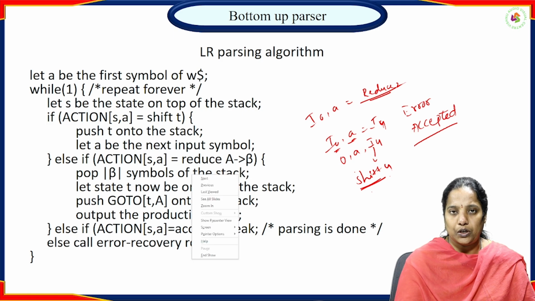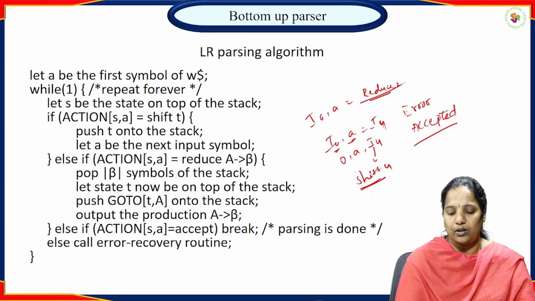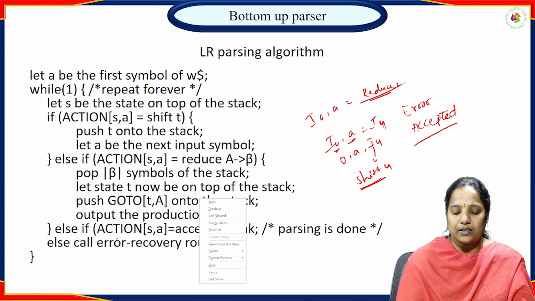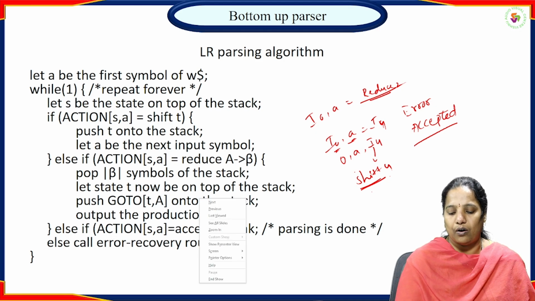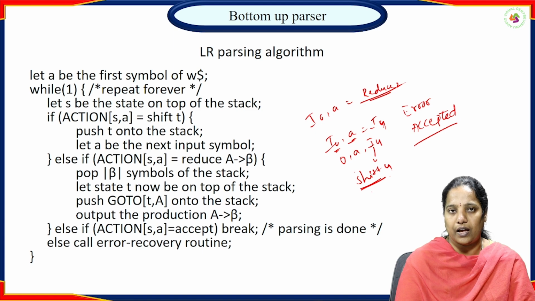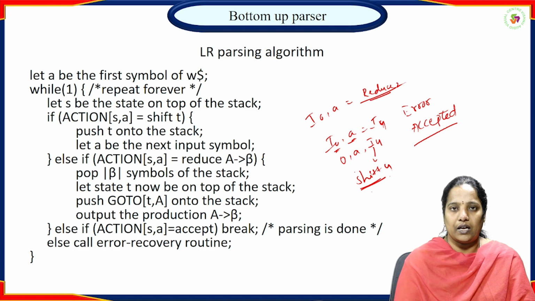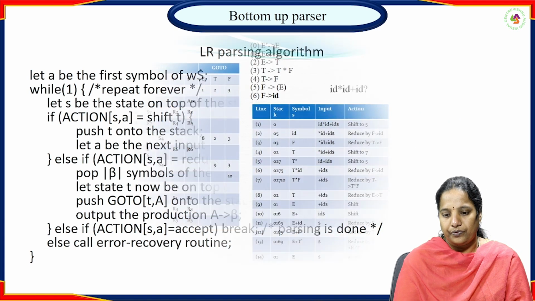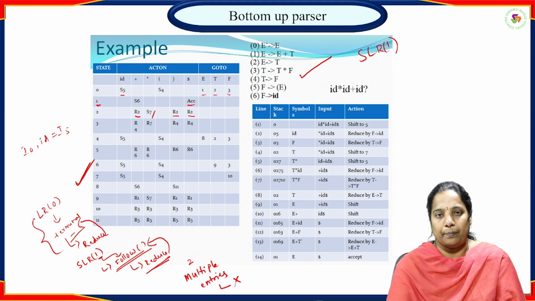After popping, whatever the top of the stack is, on that one we need to find the item number for the non-terminal, and we need to push it. Otherwise, if action of S comma A is equal to accept, then the given input is accepted. That we will see with this particular example.